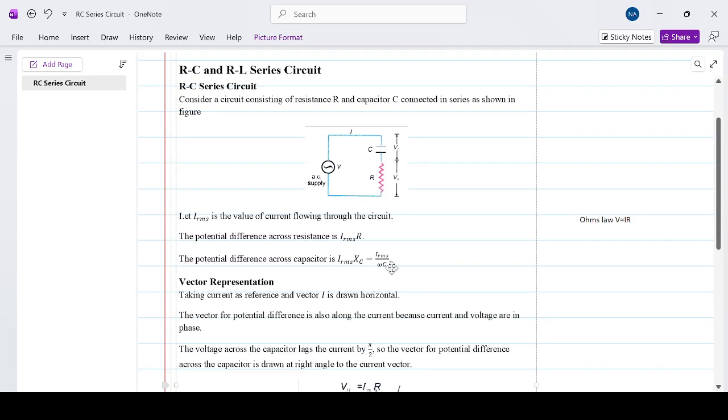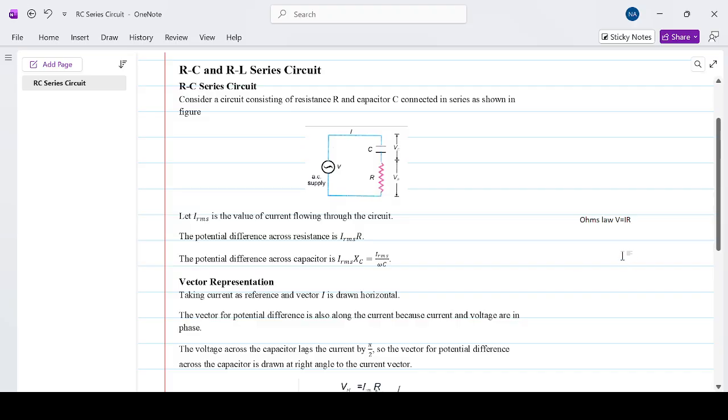So this is the formula IRMS into R. Next, we also know that the potential difference across a capacitor will be equal to the current flowing through the capacitor times the capacitive reactance.